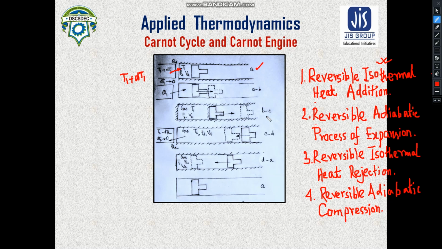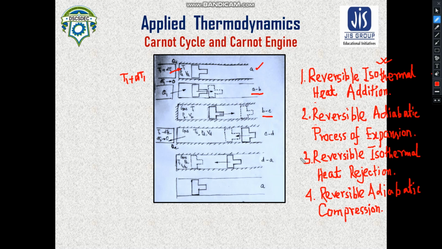Now we are moving on to the next process. Here you can see the change of states: this A to B is because of the isothermal heat addition, and this B to C is because of the reversible adiabatic expansion. Now the heat rejection takes place.